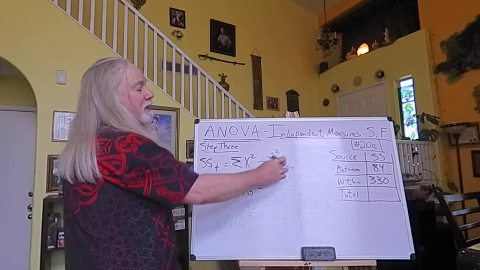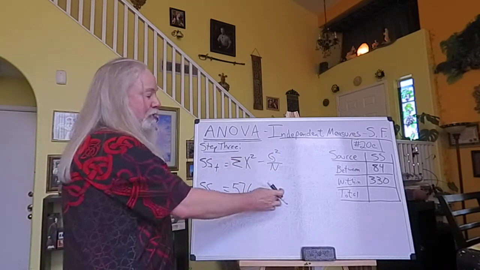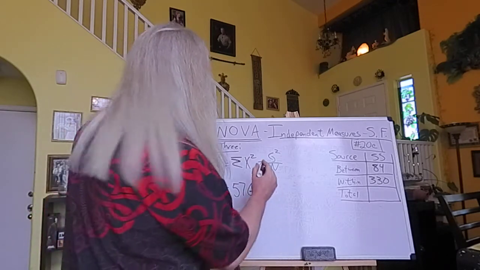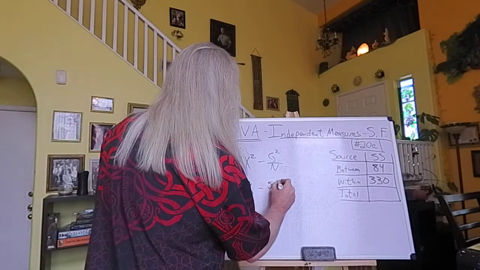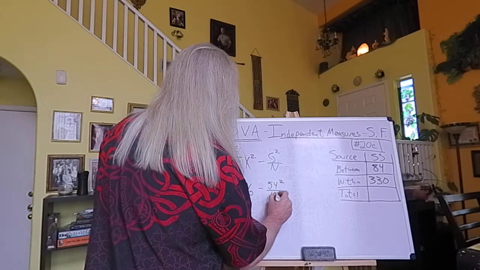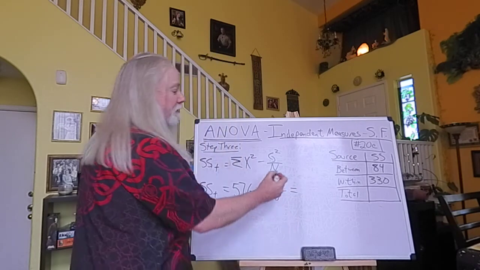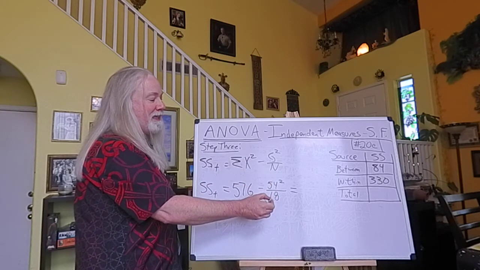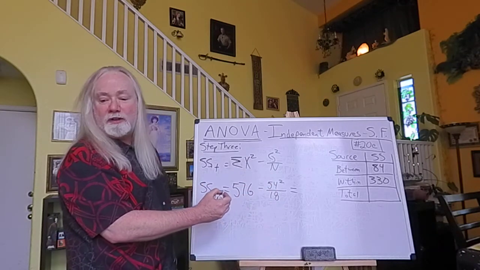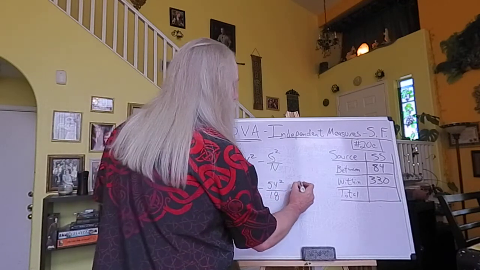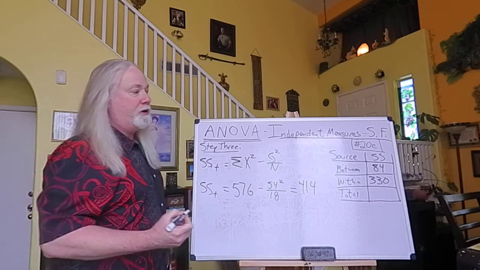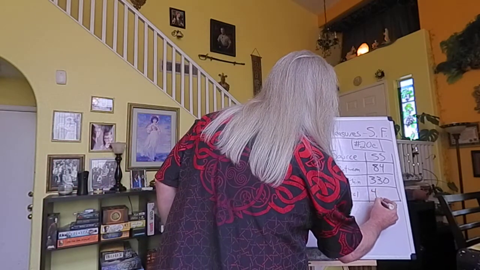Again, if we already had written down our G squared over capital N, we'd already have that done. But otherwise, we've got to recalculate it. So that's 54 squared over 18. Resolve this fraction first. Square your 54, divide that by 18, and then subtract that out of 576. And what you should find is that indeed it does work out to be 414 points.